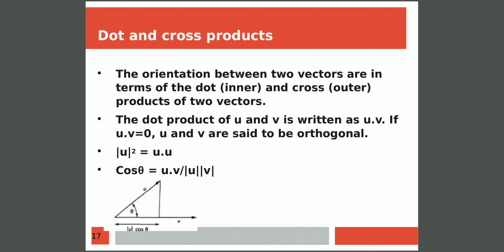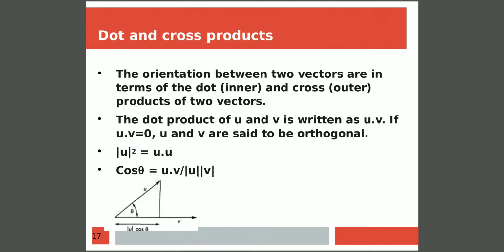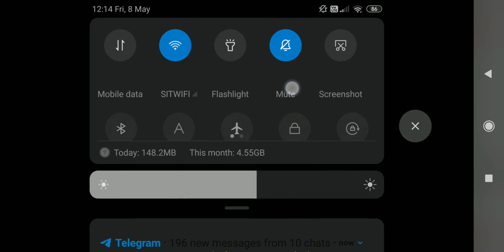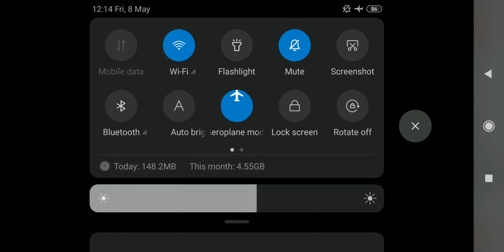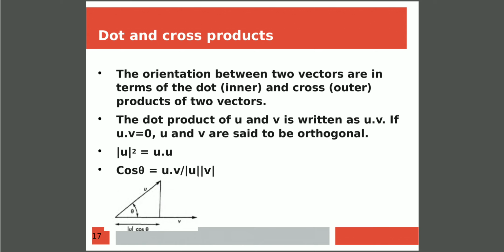Then the square of the magnitude of u can be represented as u dot u. When you observe the diagram, here we have considered two vectors u and v, where u is oriented on v by forming some angle theta.